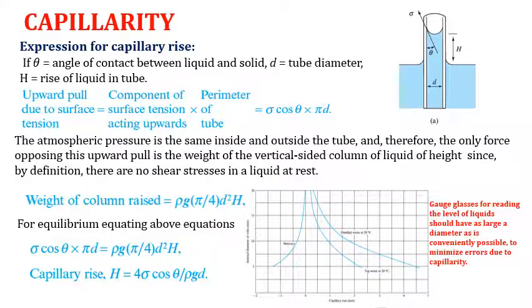While for tap water, similar behavior is observed. Its capillary rise reduces from 2.3 millimeter to 0.3 millimeter roughly. For the mercury, we will have capillary fall, so its values are negative.